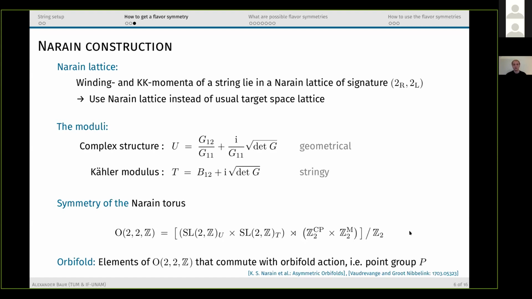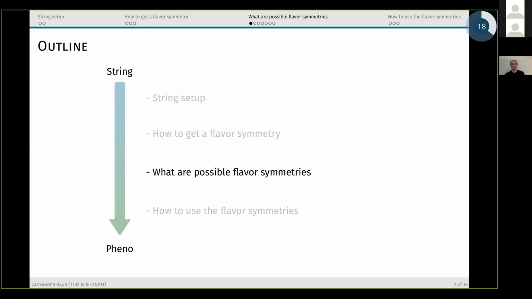For example, for the Z3 orbifold, the orbifold that we have looked at the whole time now, the complex structure modulus is fixed, so this SL(2,Z) gets broken, and what will be left is this SL(2,Z) and this CP type of symmetry. So doing an orbifold, you can break this O(2,2,Z) symmetry, and only some elements are left of it.